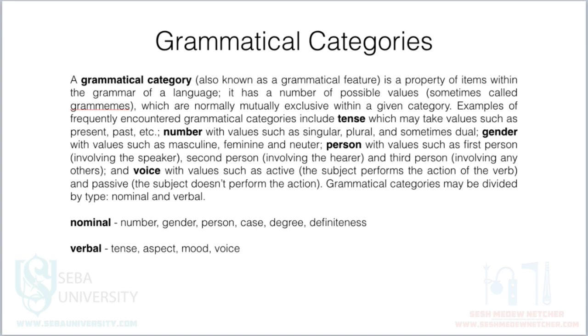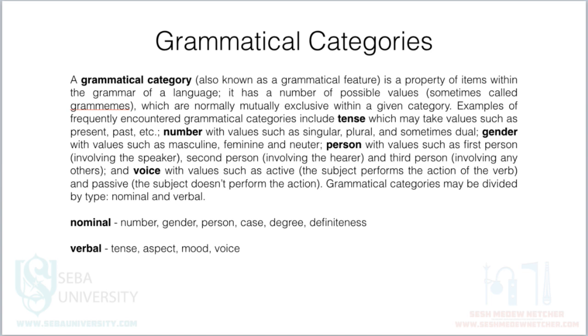Then we have gender, which is what we're discussing, with values such as masculine, feminine, and neuter. Then we also have the category of person, with values such as first person involving the speaker, second person involving the hearer or listener, and third person involving any others.